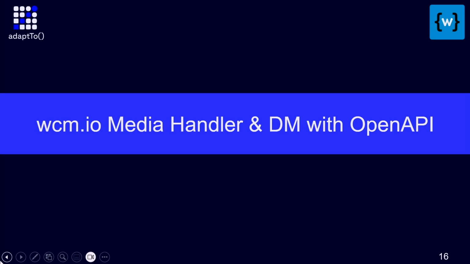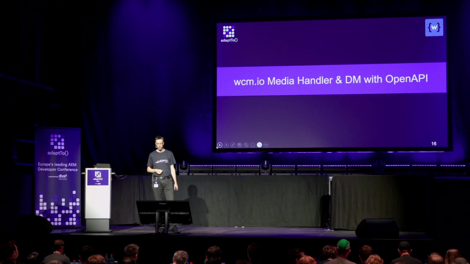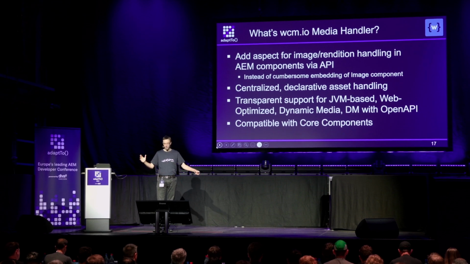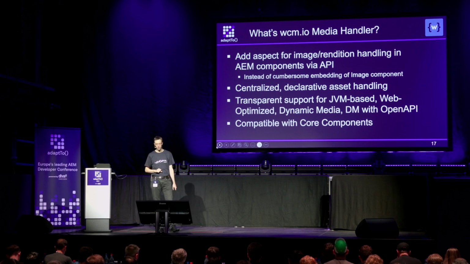Yeah, and now coming to the media handler and how to use it with the Media with OpenAPI. First, difficult question, what's this WCM.io media handler? And it's a question that could fill a long talk itself, and I already did some talks on it in recent years. I've also linked them in the references screen, so I keep it very short what it is.